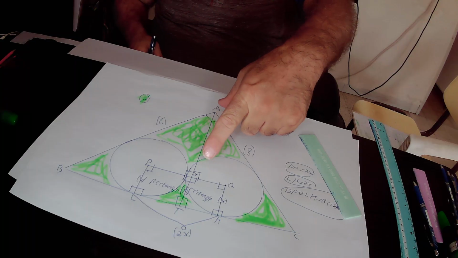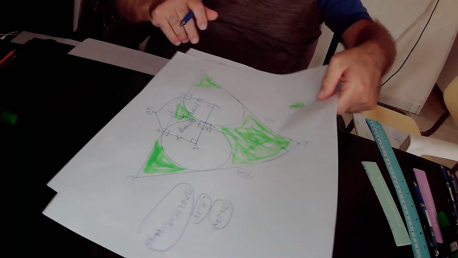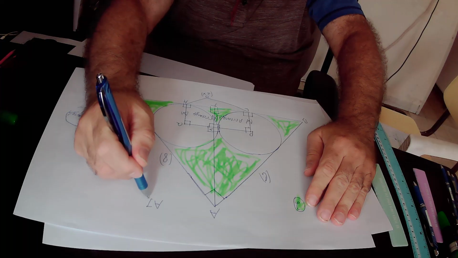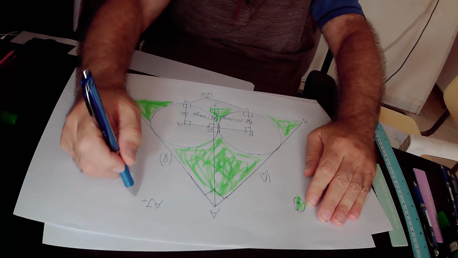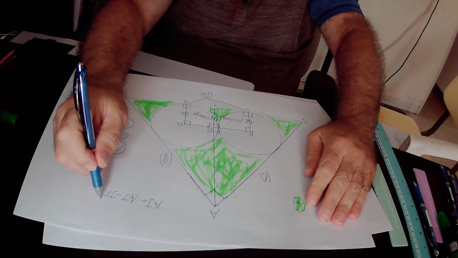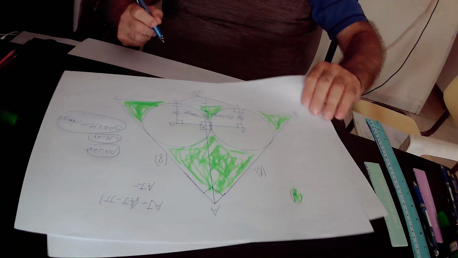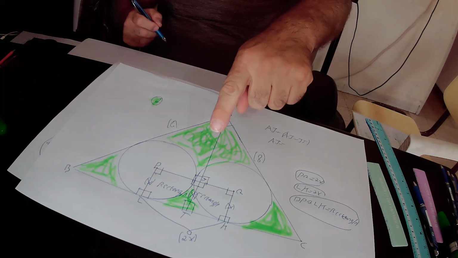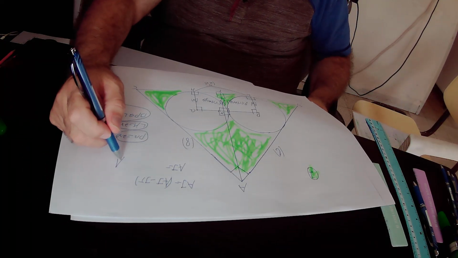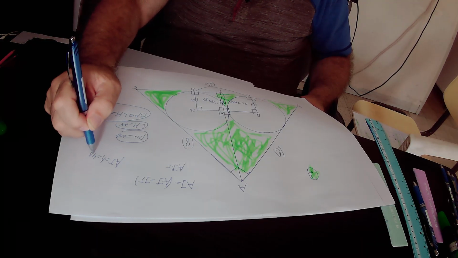What is the length of AJ? AJ equals AT minus JT. According to our definition, the height to the base BC, AT, equals H. And we already found out that H equals 4.8 units in its length.